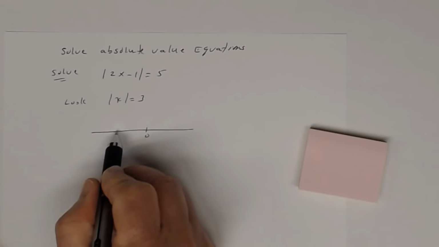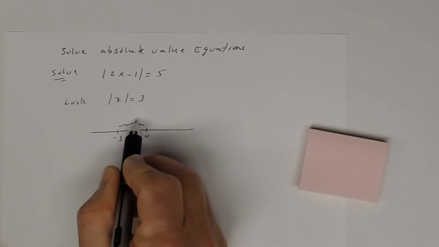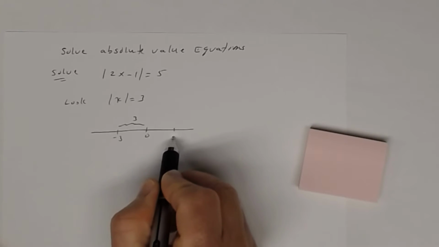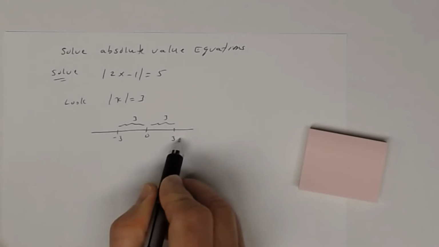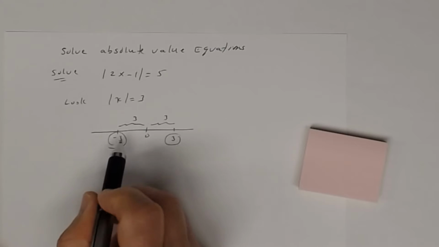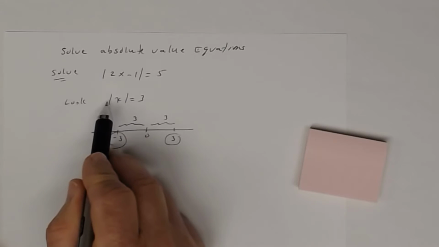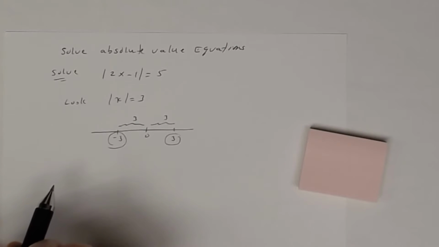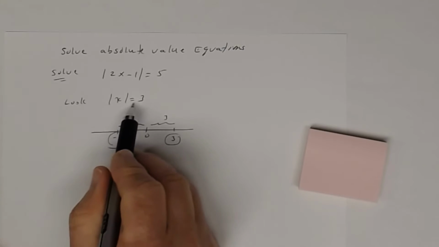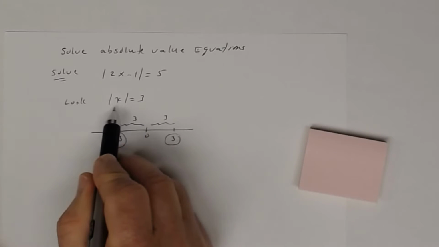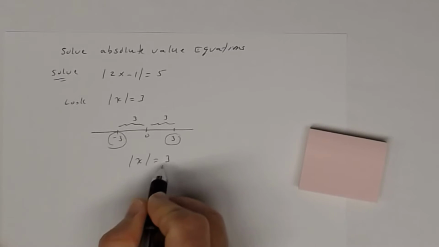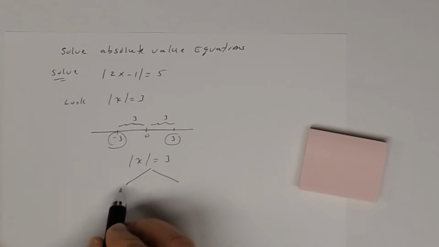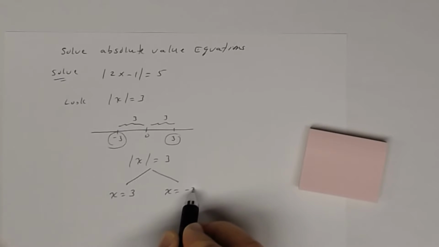So if I look at negative 3, that distance is 3, right? And if we look at positive 3, that distance is 3. So there are two values of x for which this distance is 3 units from 0. So this equation, the absolute value of x equal 3, has two solutions. x equals a positive 3 and x equals a negative 3.